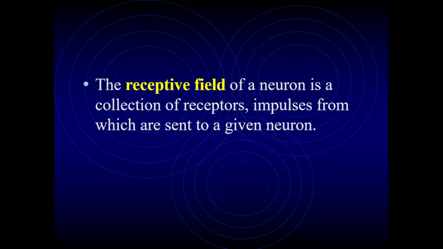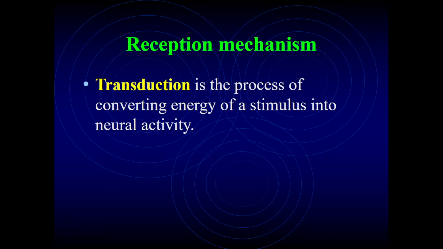What is the receptive field? The receptive field of a neuron is a collection of receptors, impulses from which are sent to a given neuron. Receptive fields can vary in size. Next question, reception mechanism. What is transduction?